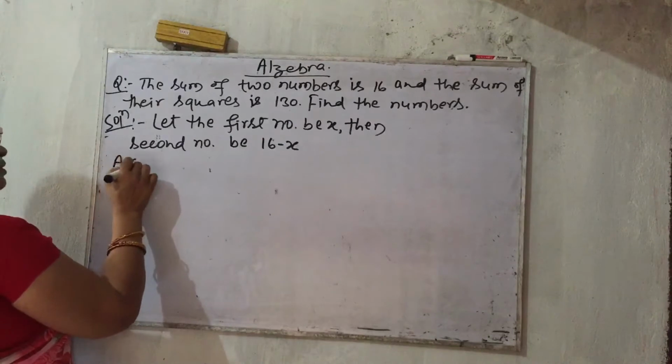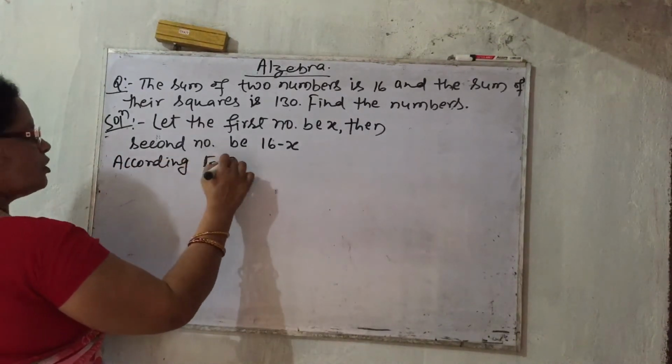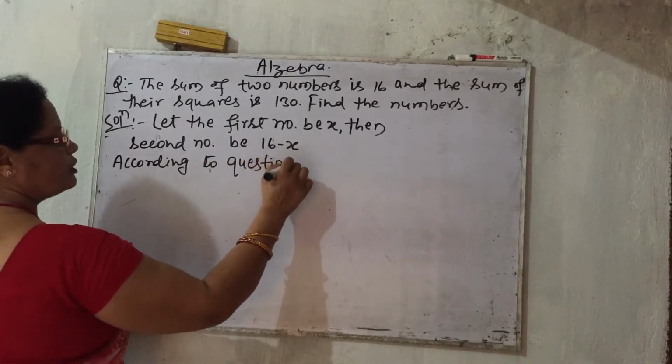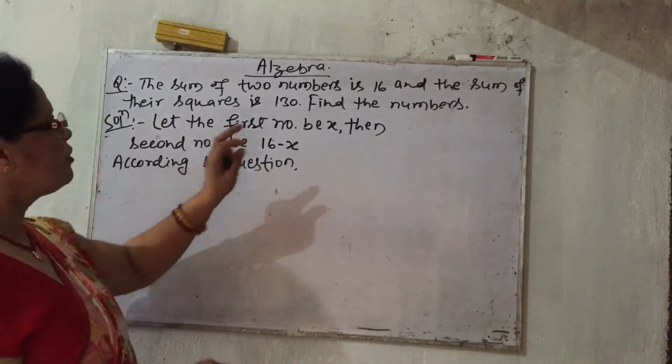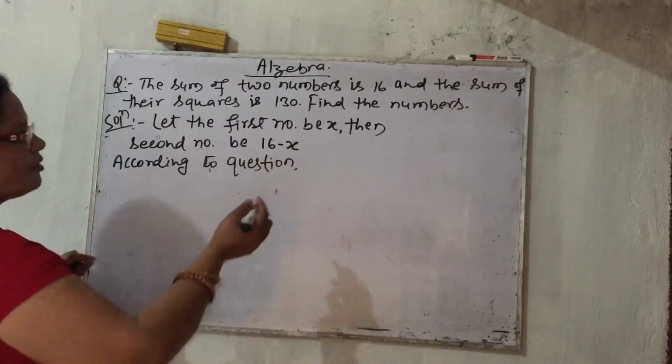After that, according to the question, we can write down what the question is saying: the sum of their squares.